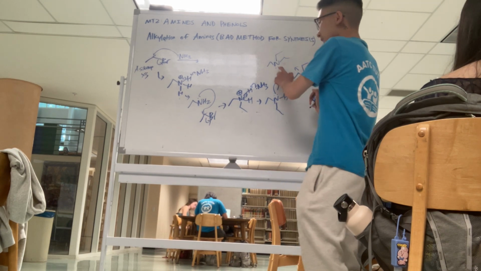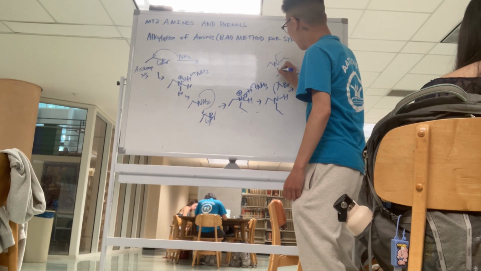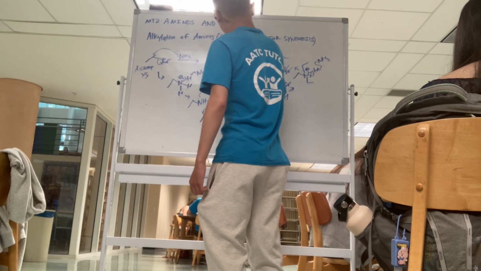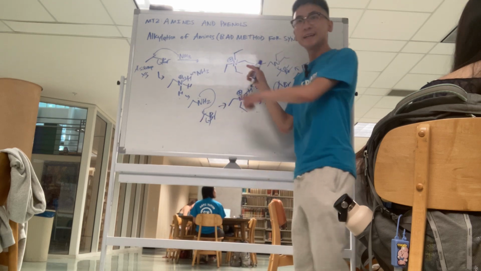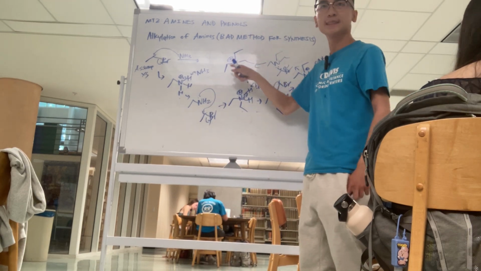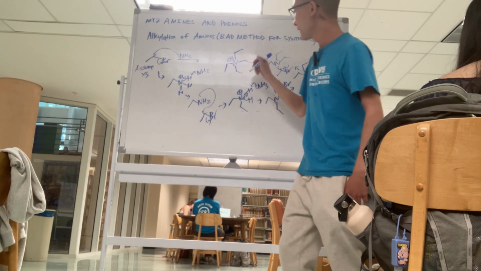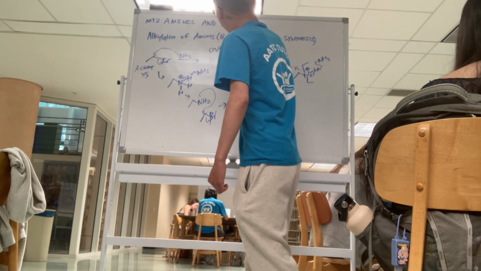But then this pair of electrons here can attack another haloalkane and get this quaternary amine here, where this is the final answer because we can no longer neutralize this positive charged nitrogen since there are no more protons on it, no more hydrogens to deprotonate, right? So this is an over-alkylated amine.